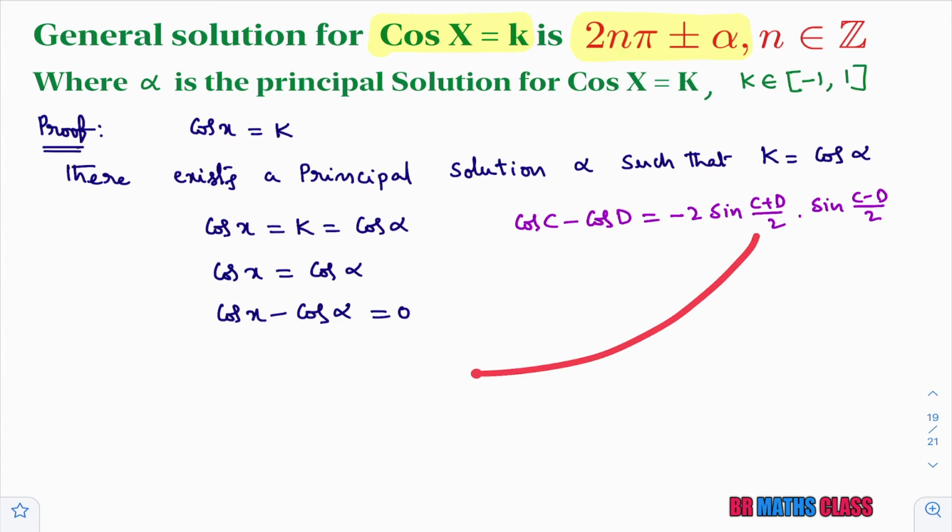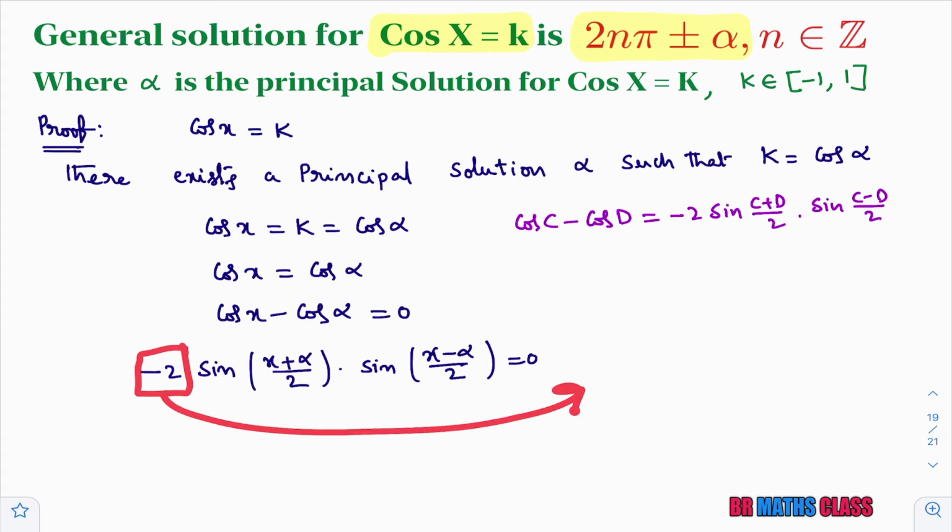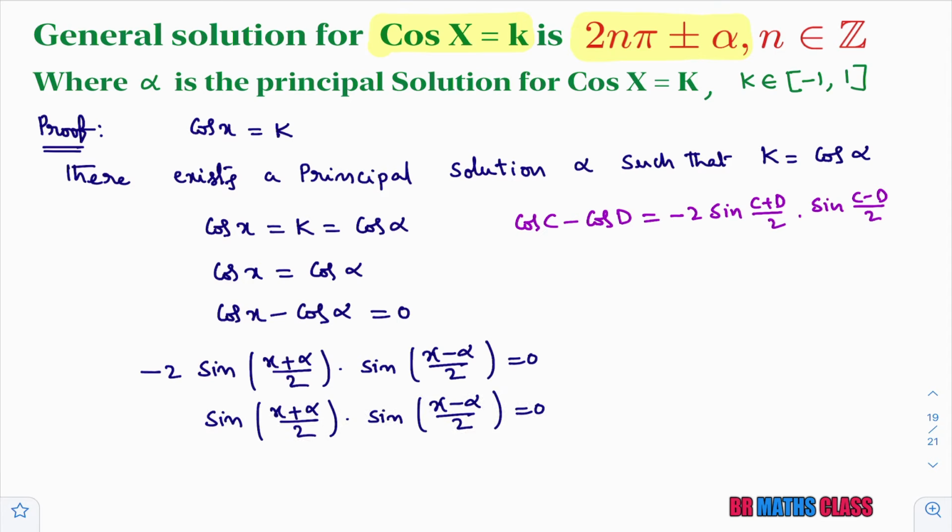I'll apply this formula here. Cos x minus cos alpha is -2 sin((x+alpha)/2) into sin((x-alpha)/2) equal to 0. Now here -2 is there. You take -2 to the right hand side. 0 divided by -2 is 0. Then what you will get? Then 2 into sin((x+alpha)/2) into sin((x-alpha)/2) equal to 0.